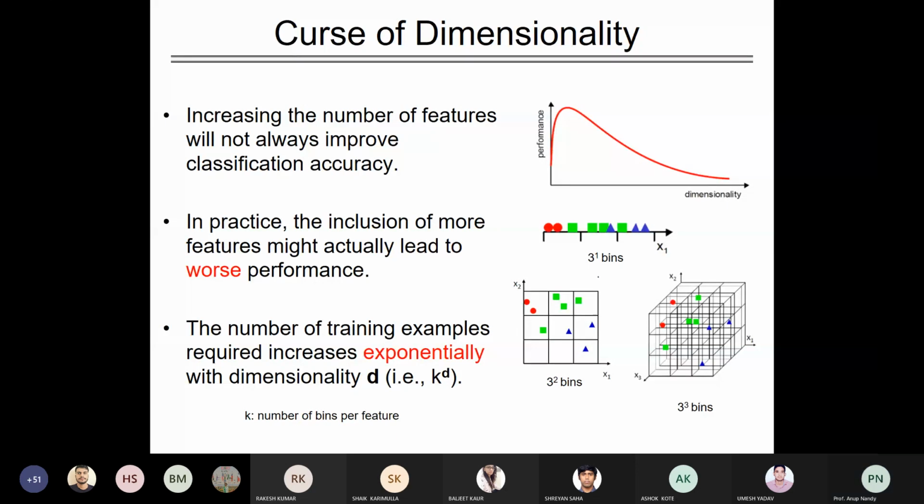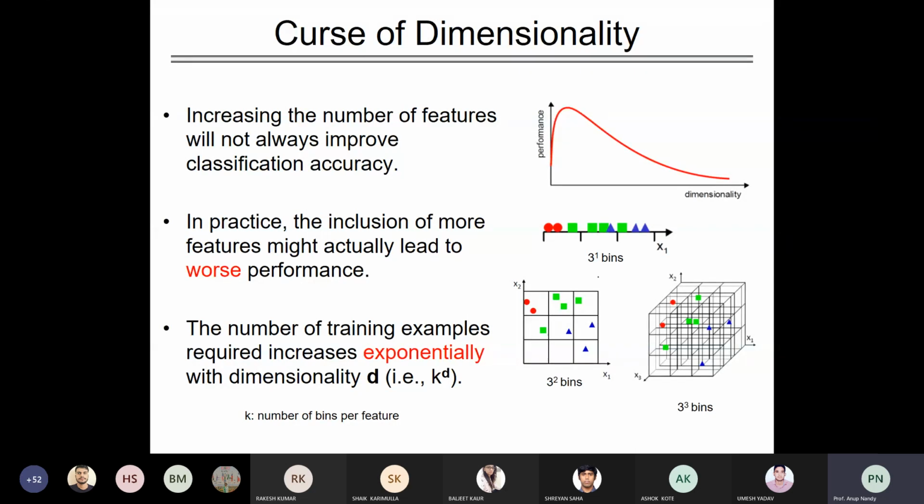And if you increase the number of training samples, the dimensionality is also going to increase. Dimensionality is denoted by D, and as you can see, there are different bins. Firstly you have x1, a single dimension.